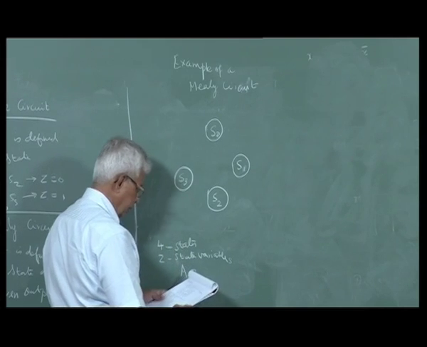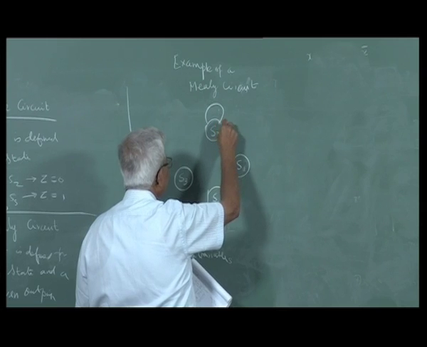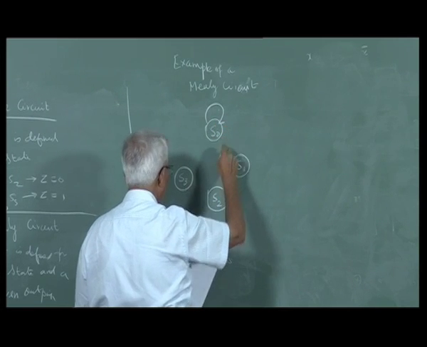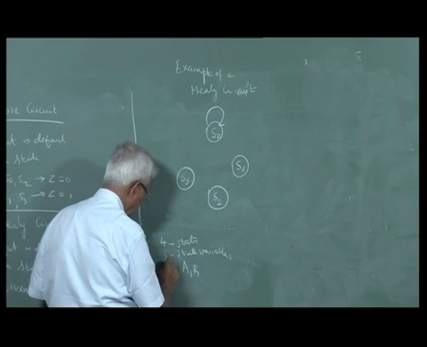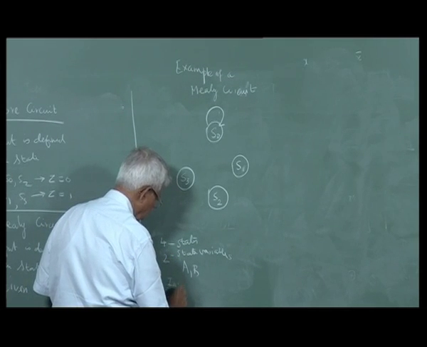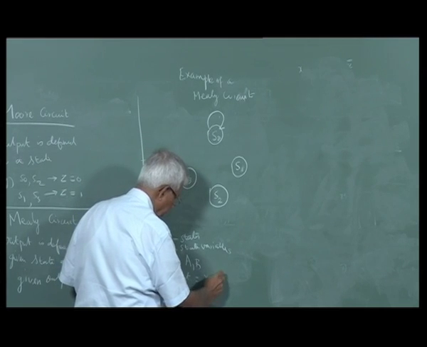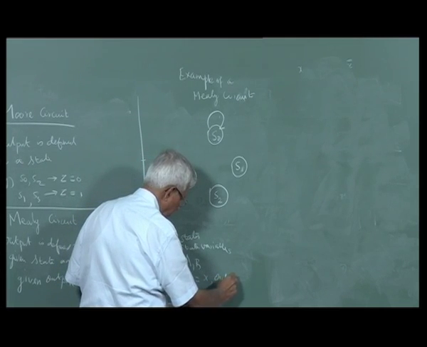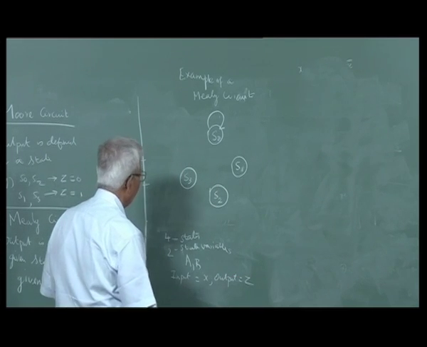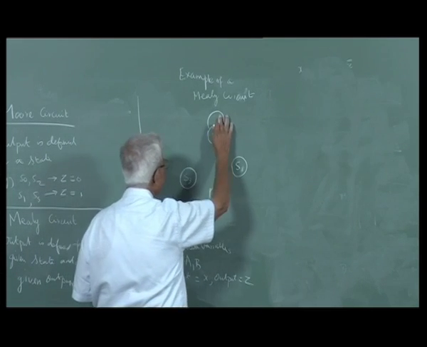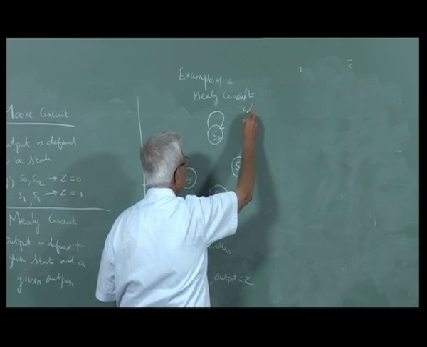Now, the state graph itself is going to be like this. Now, input is x, output is z. So, when you write this on the arrow, you first write x and then z.